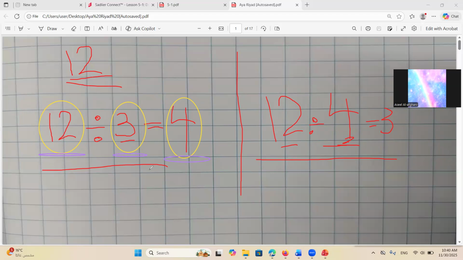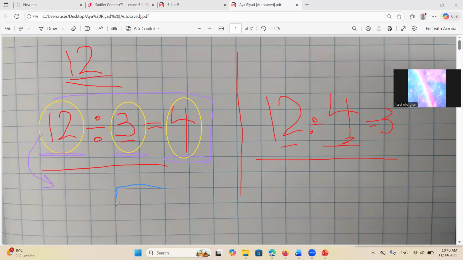Instead of representing the division in this way, which is called short division, there is the opposite division sentence. If we have short division, of course we have long division. Exactly. So let's try the long division sentence. We call it the step. Do you remember? We said it's like the step. Let me draw it again.